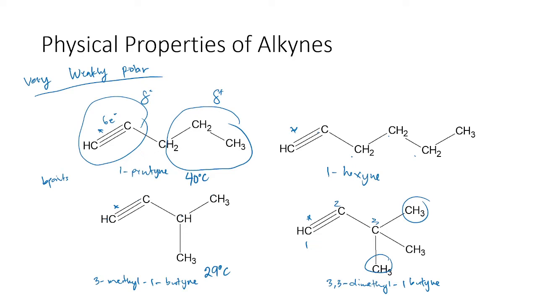So as you can see here, due to that branching, ganun naman ulit, bababa na naman yung ating surface area kasi mas umikli yung chain natin and mas nag-clump and nagtago yung ibang surface area natin. Therefore, we have a lower temperature.